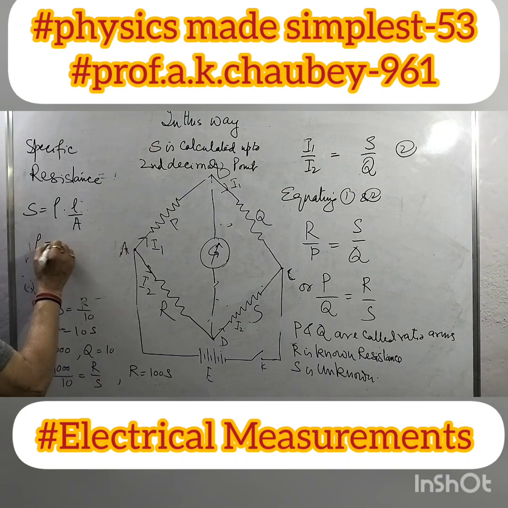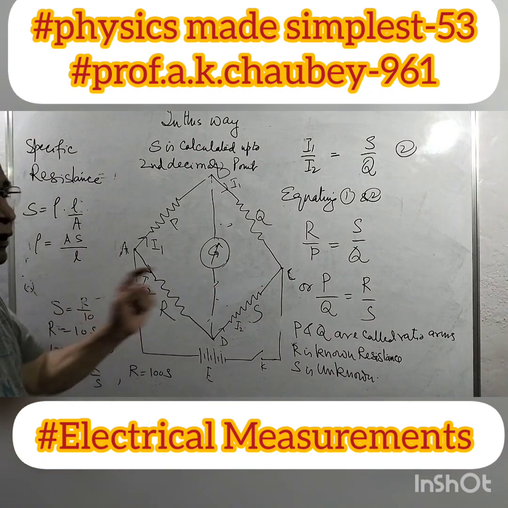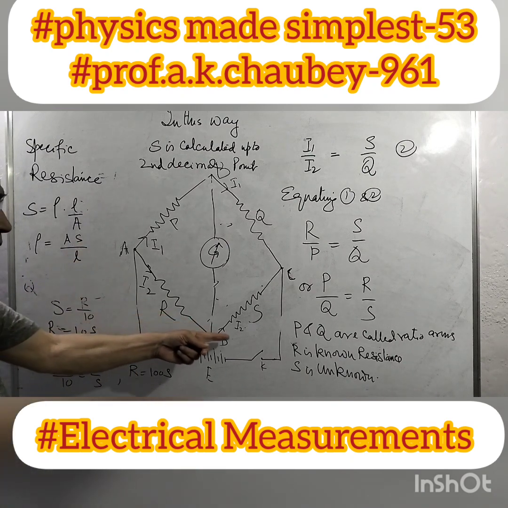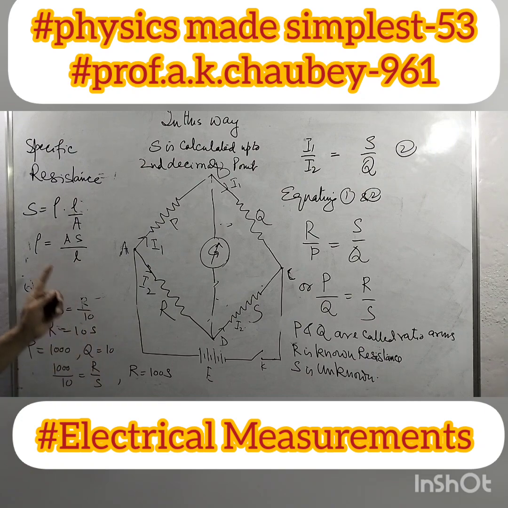Rho, the specific resistance, is A into S divided by L. A is the area of cross section, which can be calculated by measuring the radius of the wire using a screw gauge, and L can be measured using a scale, and S is already measured. So this gives the specific resistance also.